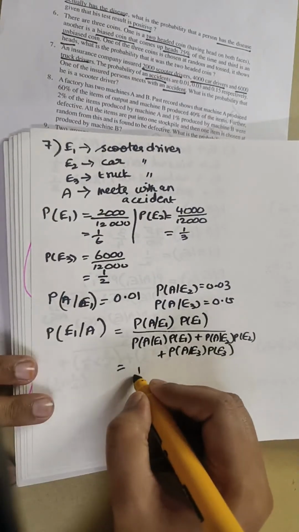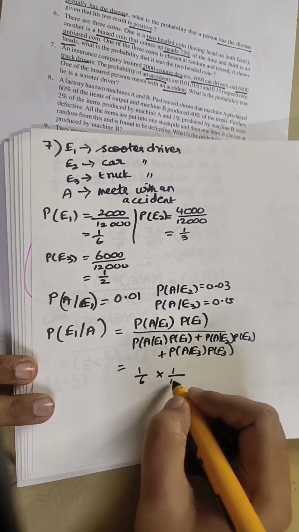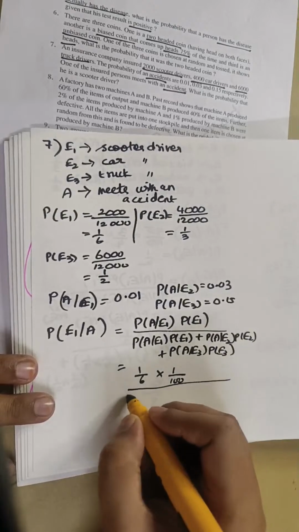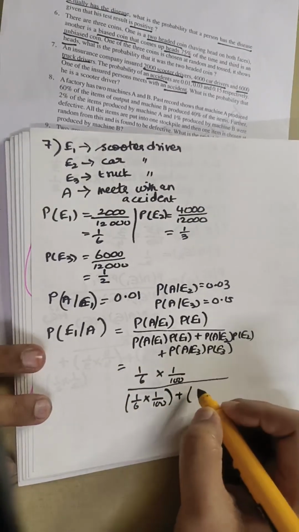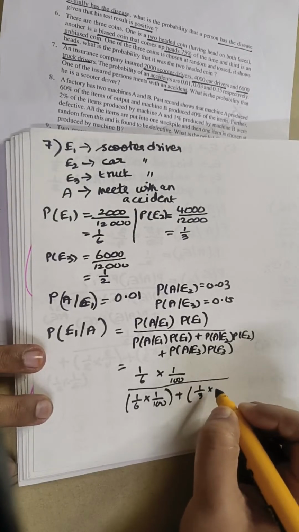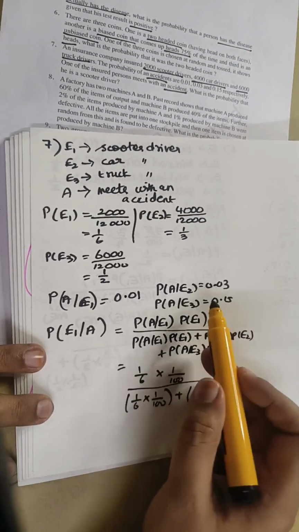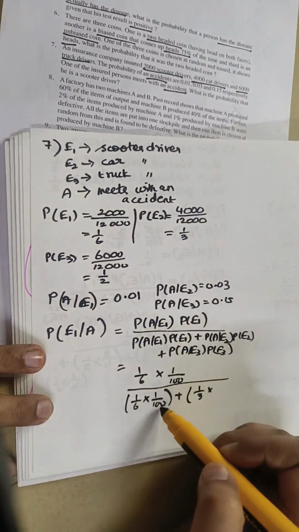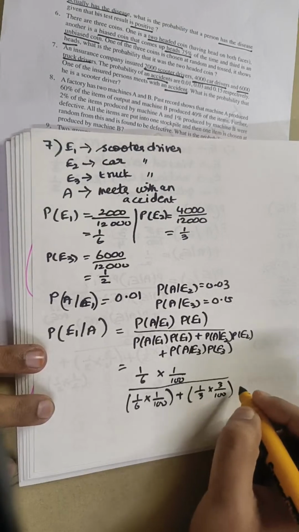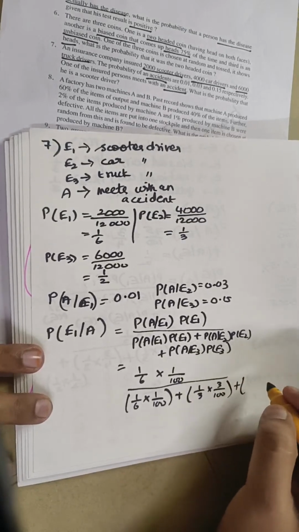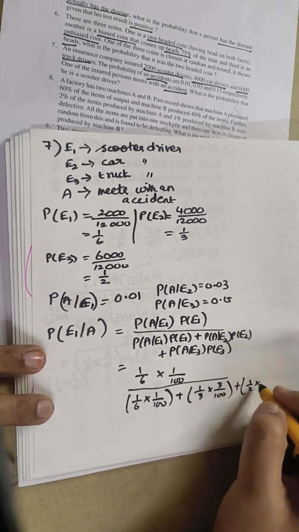So in numerator we have 1 by 6 and 1 by 100. Denominator: 1 by 6 and 1 by 100 as a term, and 1 by 3 and I have converted 0.01 as 1 by 100, 0.03 as 3 by 100, 0.15 as 15 by 100 into 1 by 2.